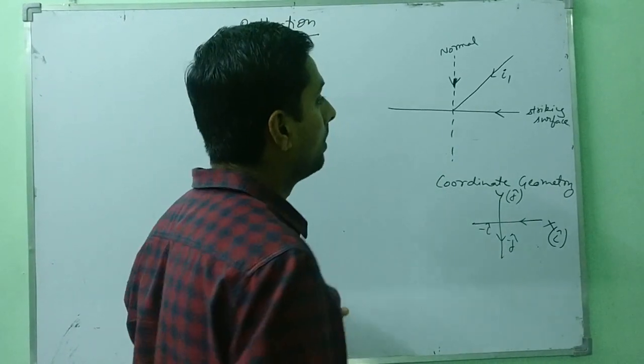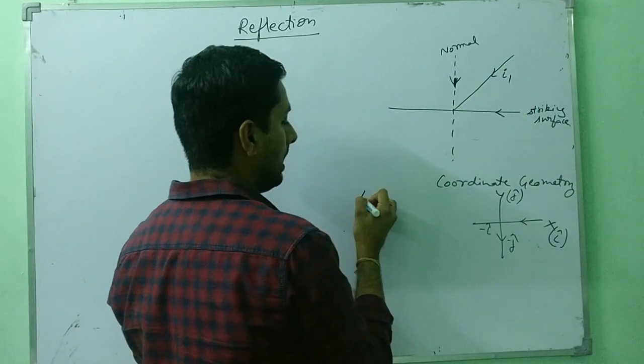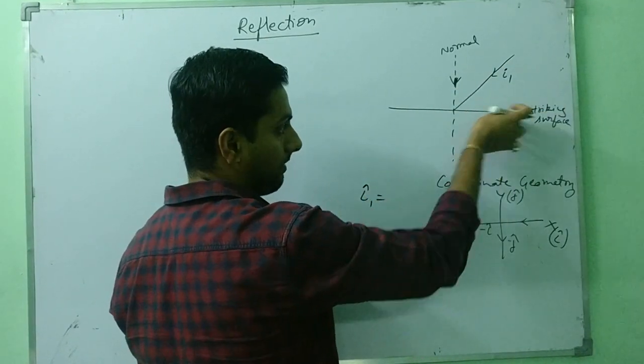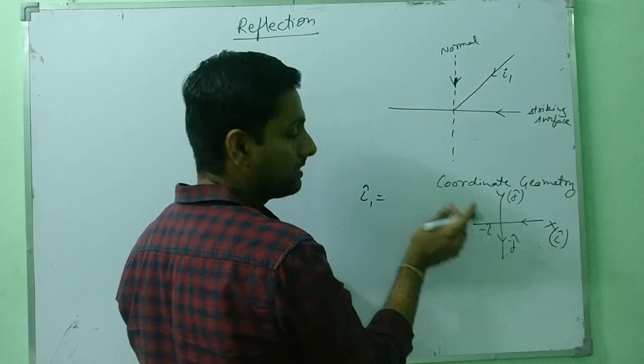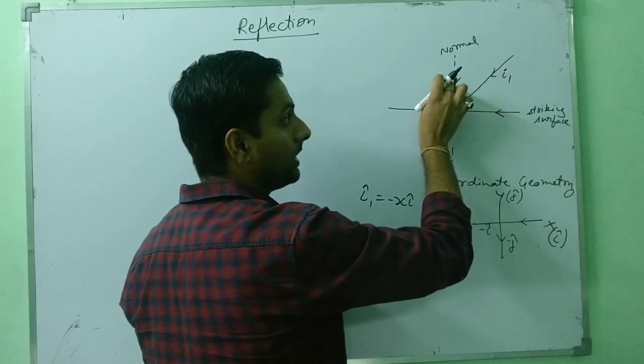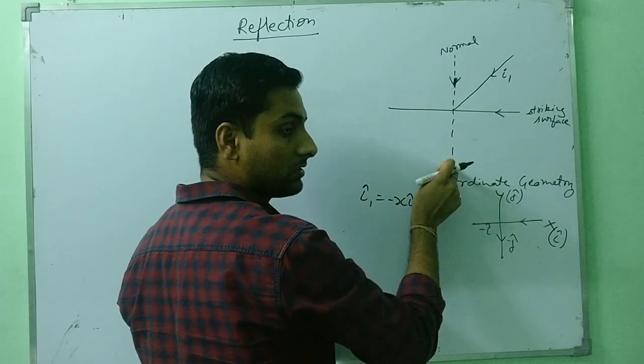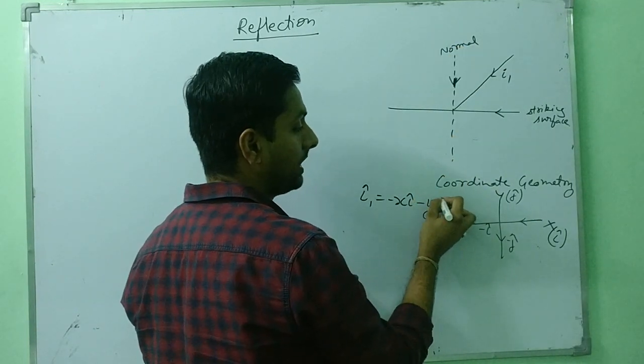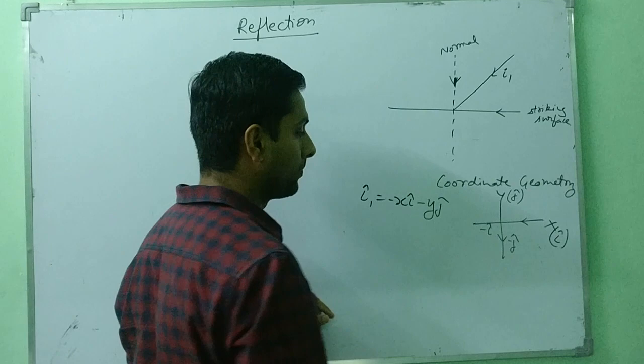Since I1 is traveling in this direction, it is minus x i cap, and the perpendicular component is also in this direction, so it will be minus y j cap according to the coordinate geometry rules.